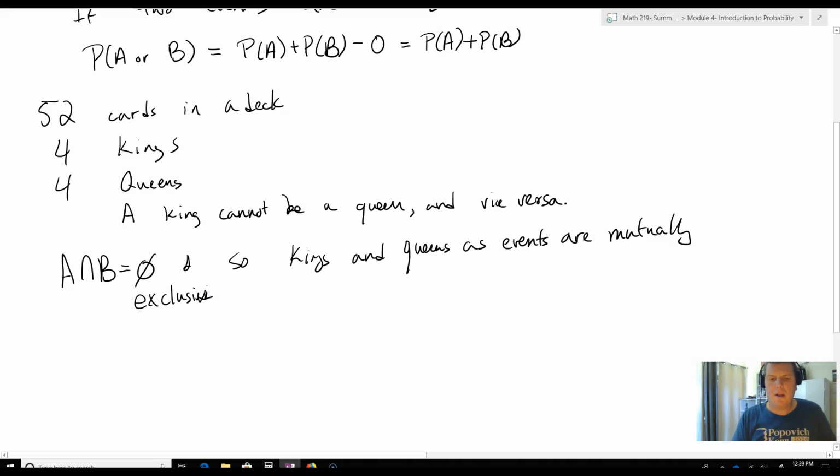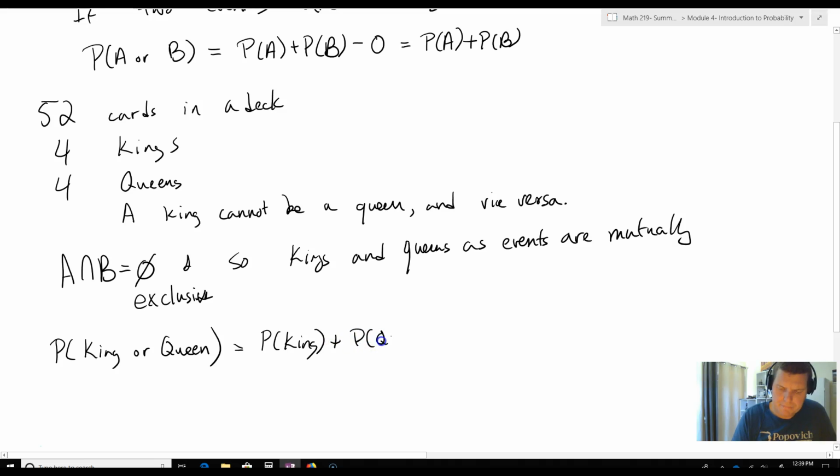Okay. Consequently, when I find the probability of king or queen, I'm going to take that into account. It's going to be the probability of king plus the probability of queen minus the probability of king and queen, but that third one is simply going to be 0.